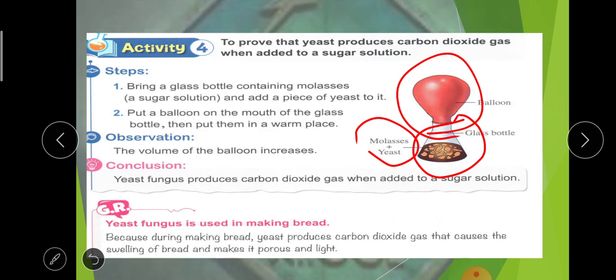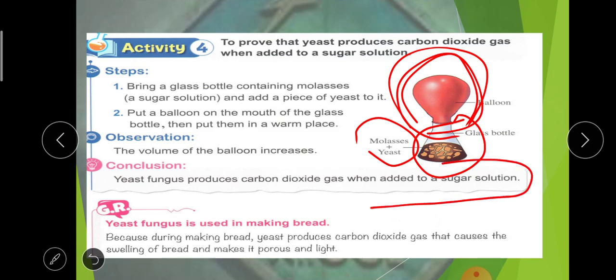We notice that the volume of the balloon increases. This occurs because yeast fungus produces carbon dioxide gas which blows up the balloon. Yeast fungus produces carbon dioxide gas and alcohol when added to a sugary solution.